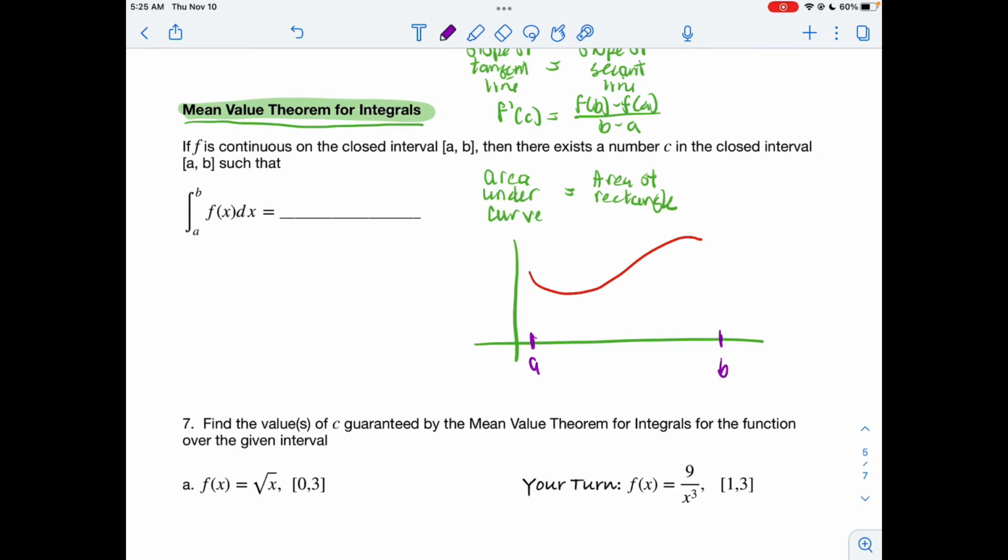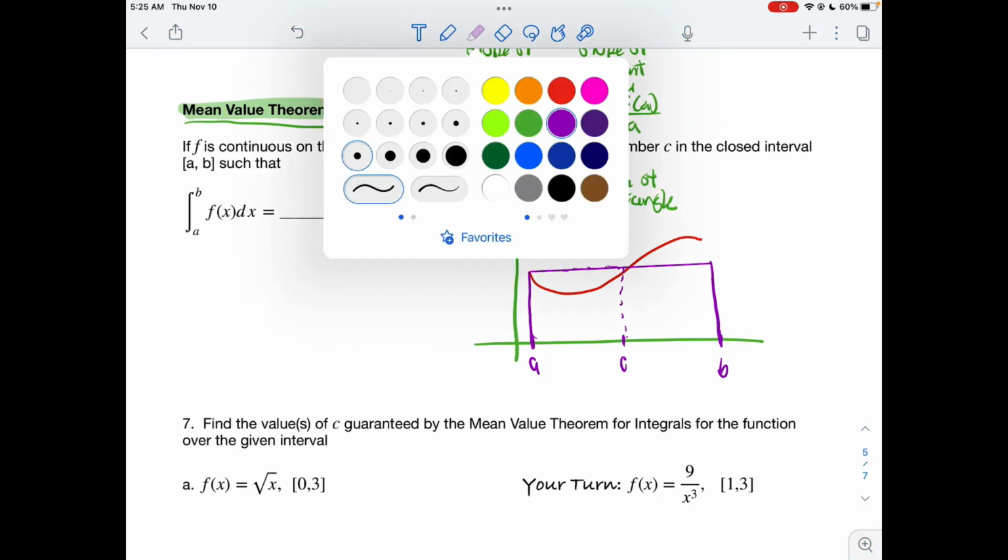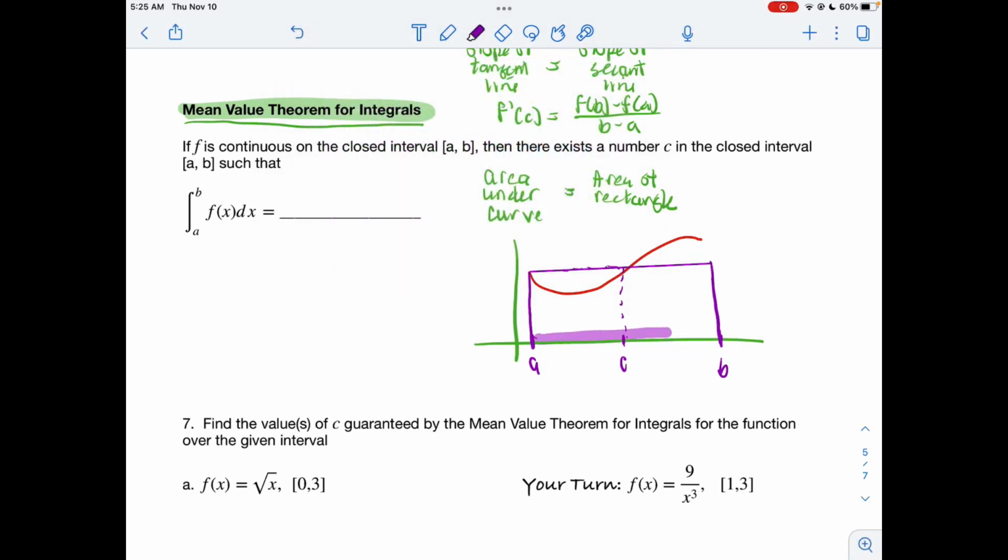I know by the mean value theorem there must be some value c at some point on this interval, say c is here, such that if I drew a rectangle through point c, beginning and ending at a and b, that area, this purple area formed in that rectangle, will be exactly the same as the area under the curve. And the area under the curve is the integral from a to b of f of x dx.